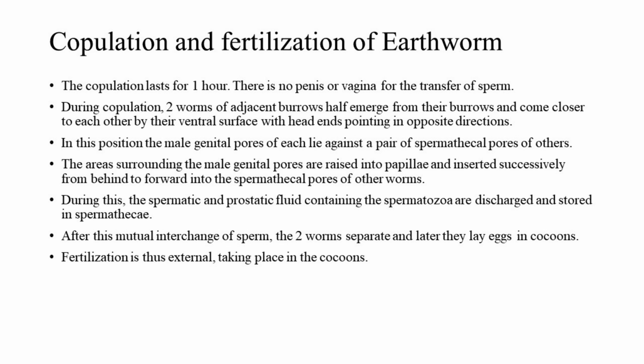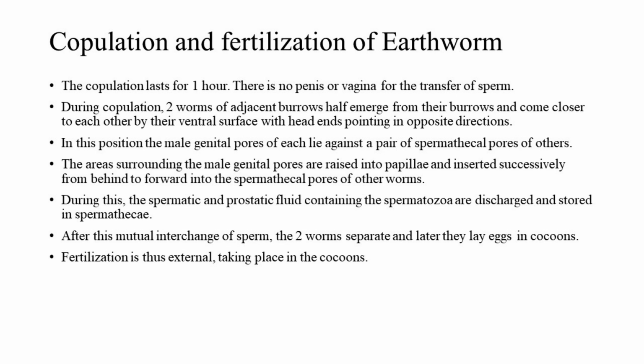During copulation, 2 worms of adjacent burrows half emerge from their burrows and come closer to each other by their ventral surface, with head ends pointing in opposite directions. In this position, the male genital pores of each lie against a pair of spermathecal pores of the other. The areas surrounding the male genital pores are raised into papillae and inserted successively from behind to forward into the spermathecal pores of the other worm.